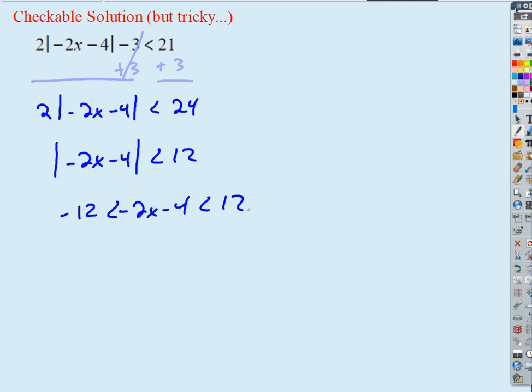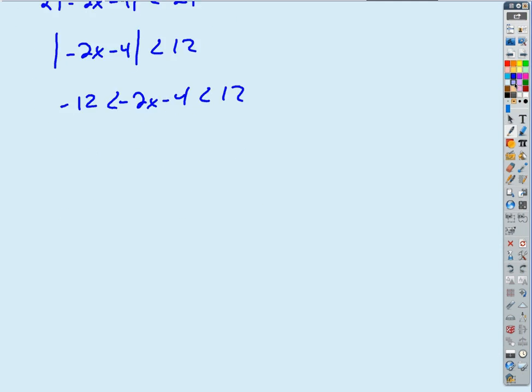Last couple steps. Add 4. Negative 8, negative 2x, 16. Divide by negative 2, good.